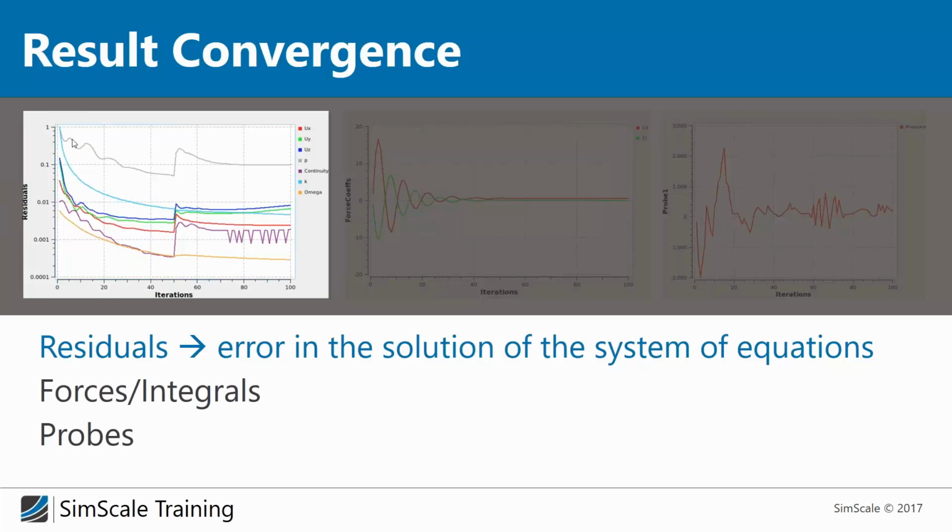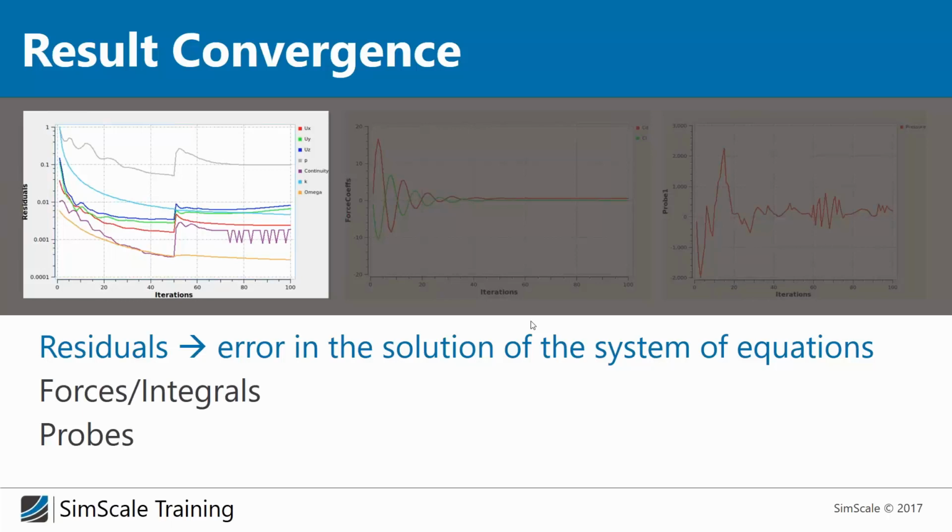This chart represents, for every iteration, the maximum or average error for the calculation of ux, uy, uz for the velocity, and for the pressure, the continuity, and k and omega. This one is very important, because once this is converged, it means that you don't have a big global change in your simulation result. But it doesn't necessarily say the simulation result is right. It just says that from a numerical point of view, your problem is converged.